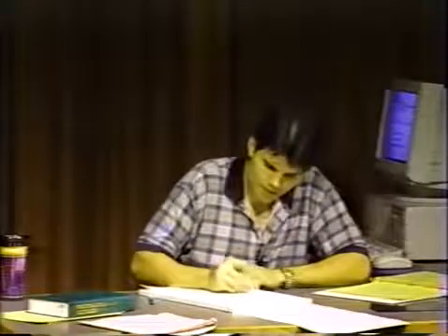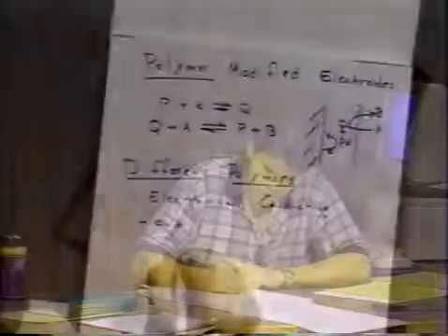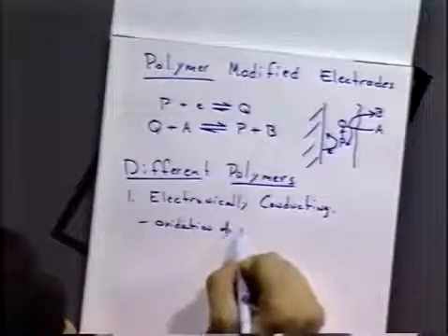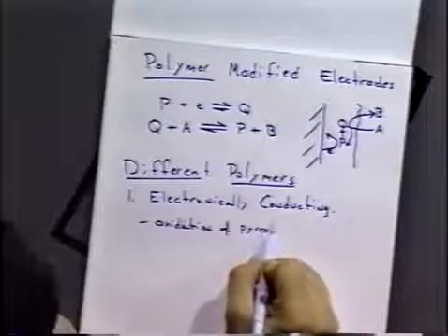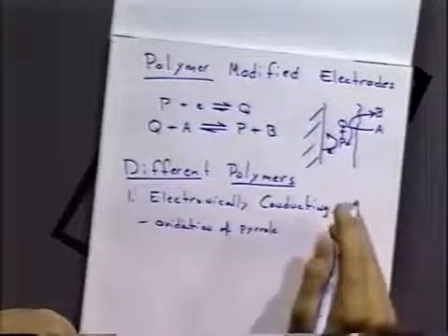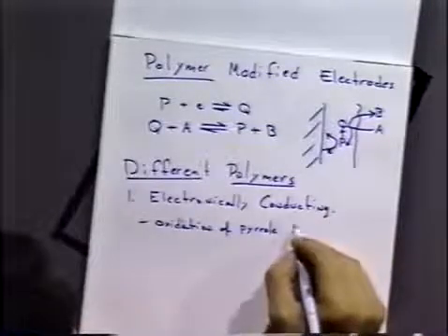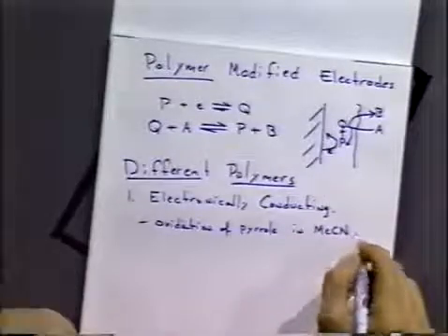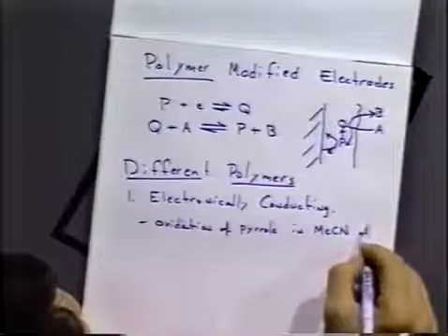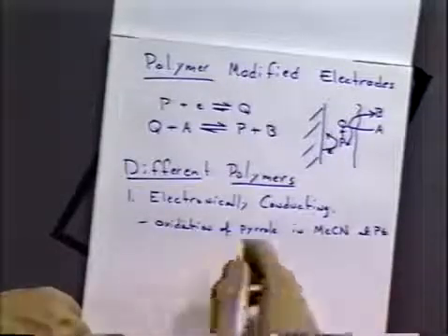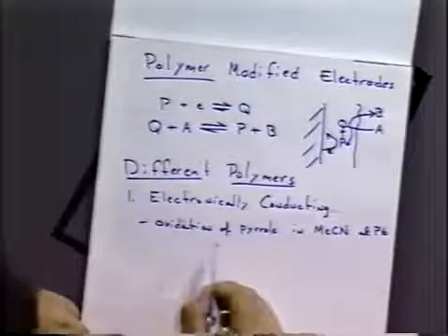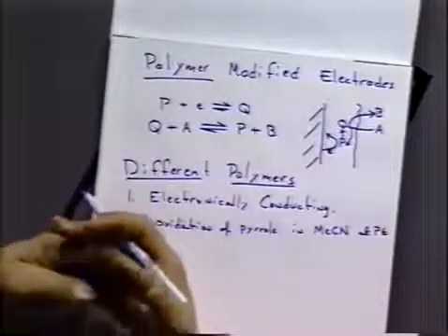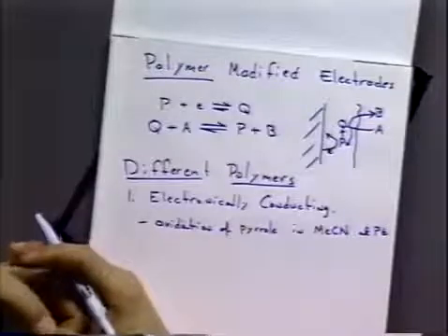One example I've got is the oxidation of pyrrole. This usually has to occur in acetonitrile, or MeCN, and you can do it at different electrodes, but an example is platinum. Basically what you do is you put pyrrole as a monomer in the solution, and you oxidize that material on the electrode surface.